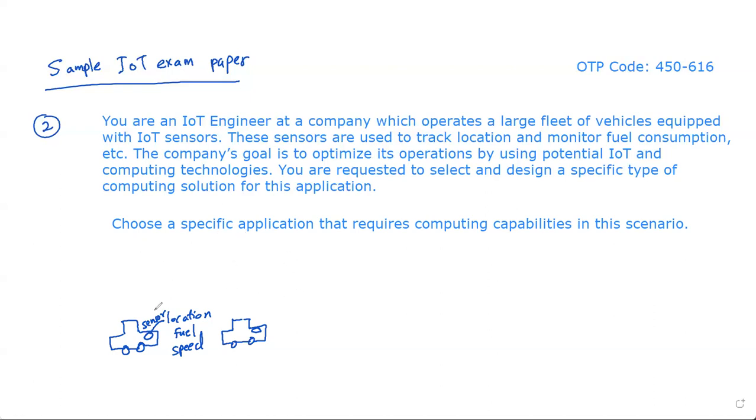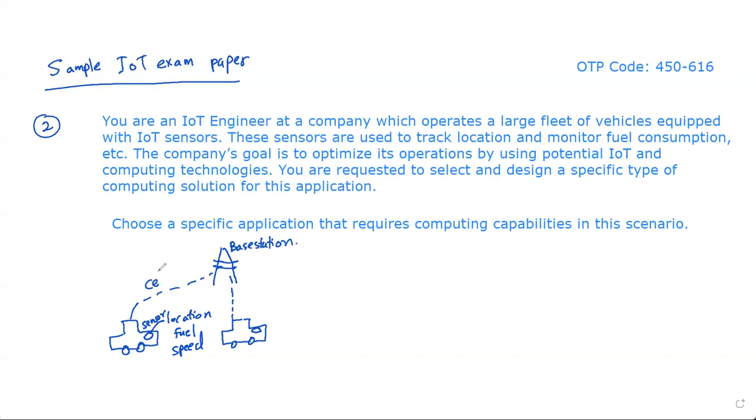So these vehicles, let's assume, are connected to a certain access point. Let's say they are connected wirelessly to a certain base station, right? So they will be using a certain technology to connect to the base station.